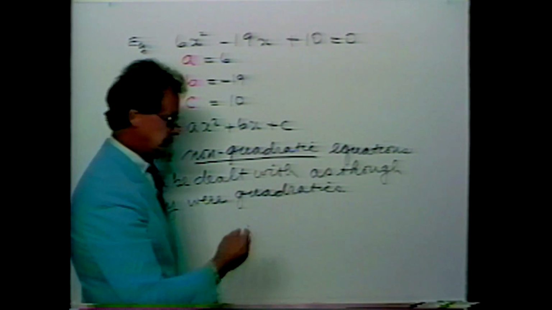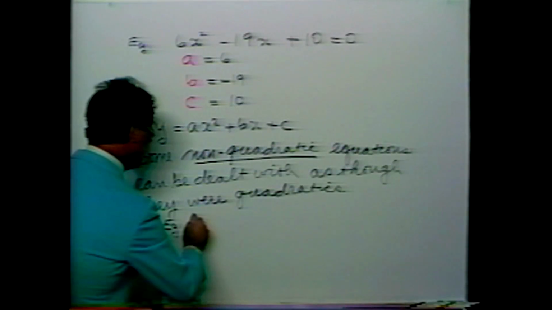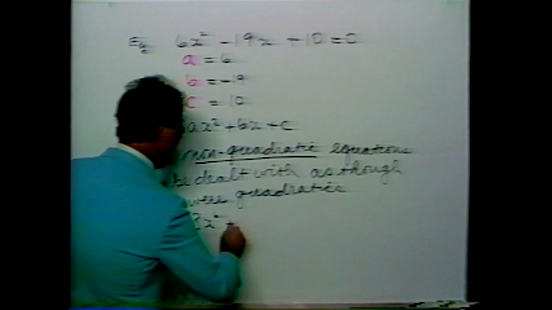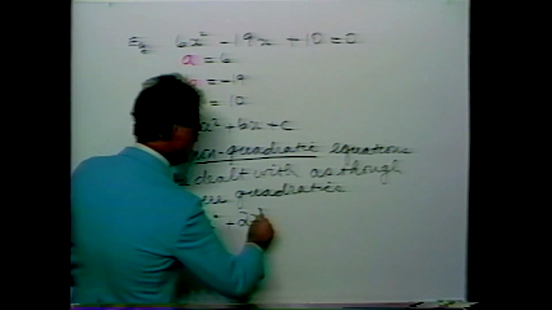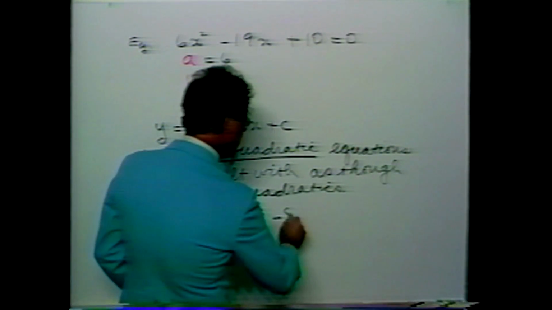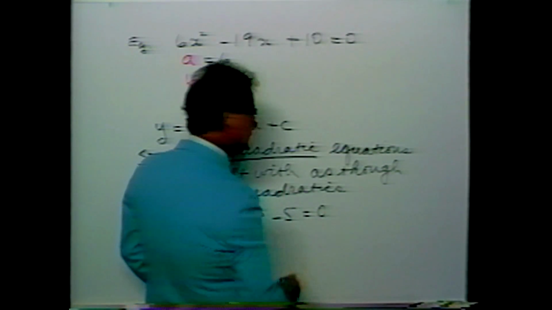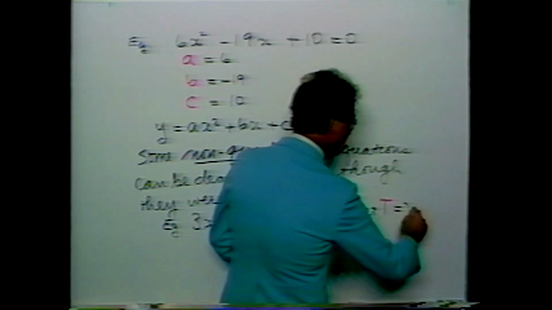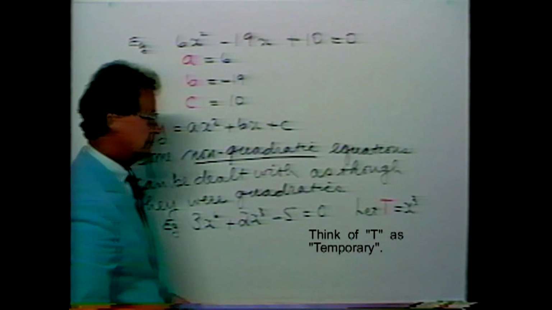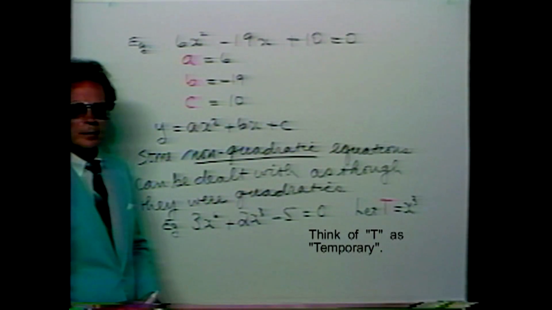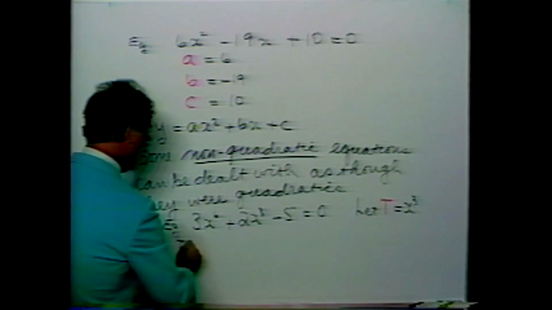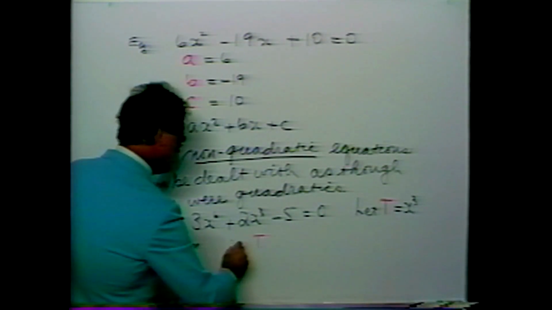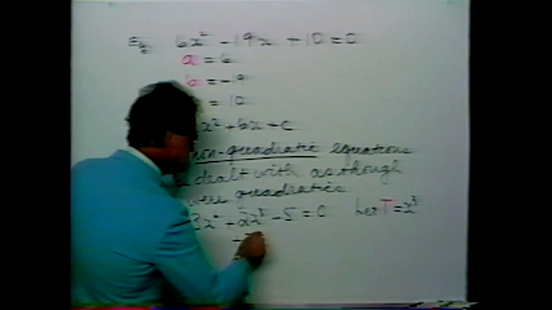For example, 3x to the sixth plus 2x cubed minus 5 equals 0. Let t equal x cubed. Then this part is plus 2t.